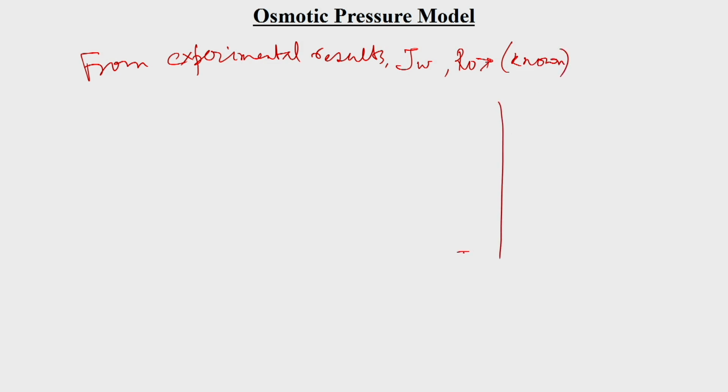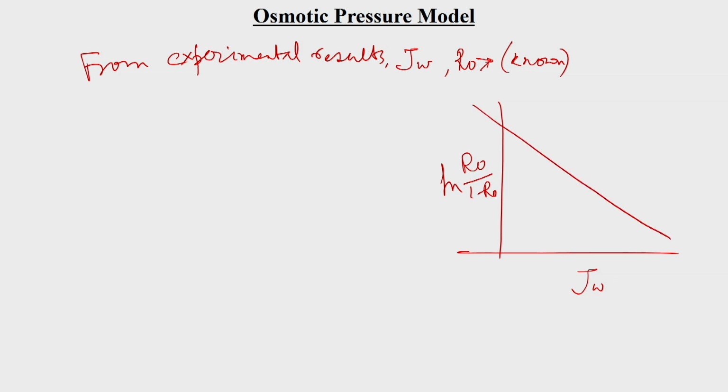Now we will be plotting ln Ro by 1 minus Ro with Jw. Suppose the expression is y, that is ln Ro by 1 minus Ro, equal to ln Rr by 1 minus Rr plus Jw by k.